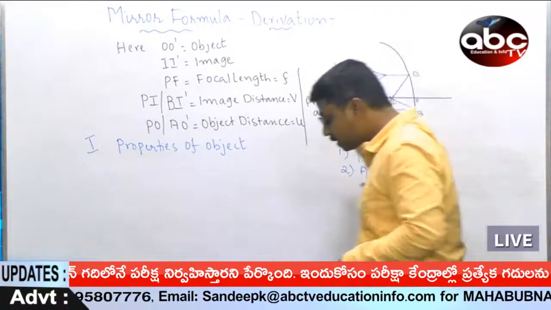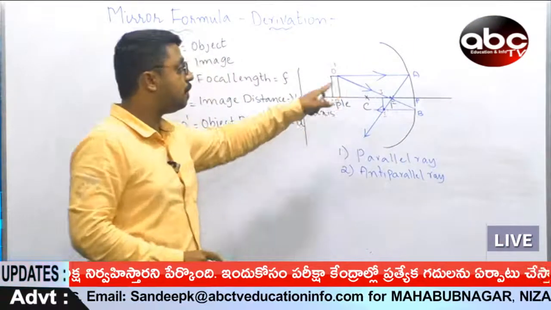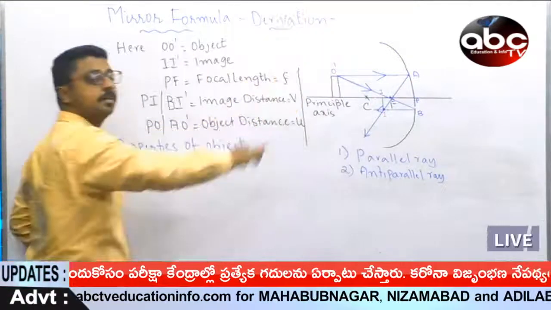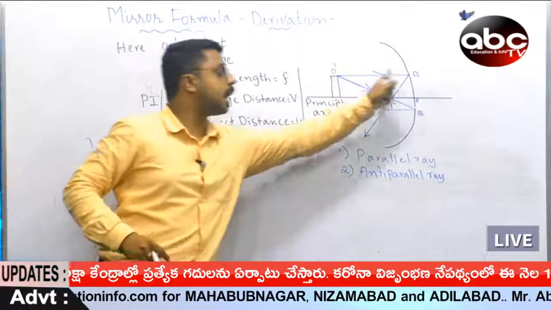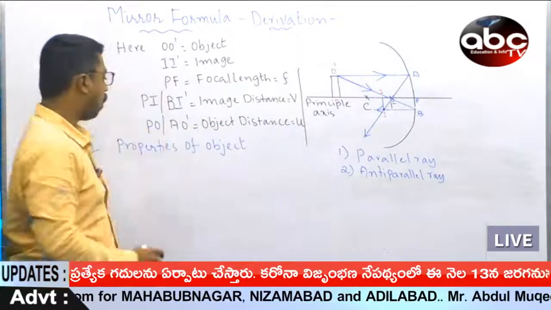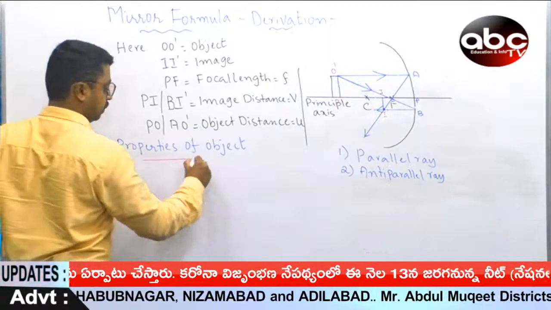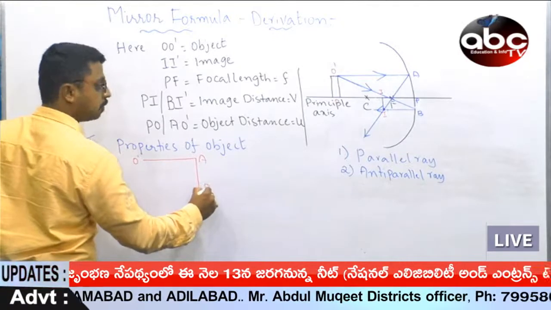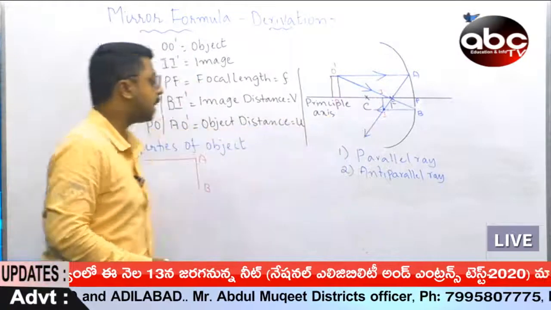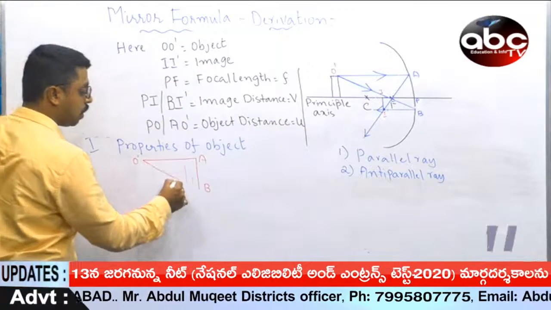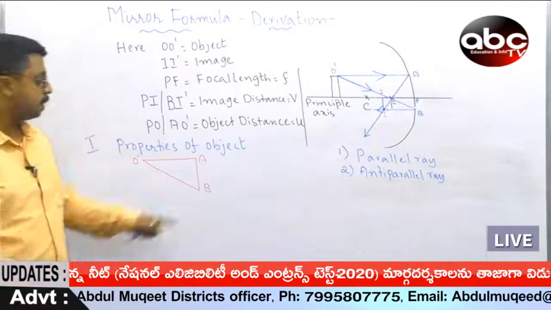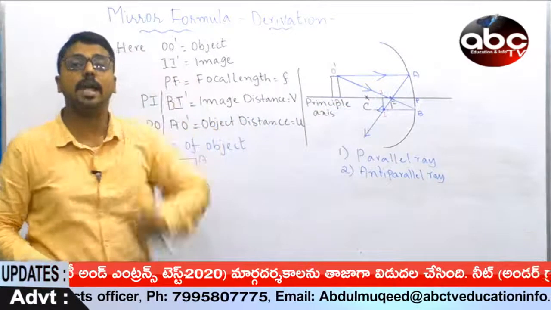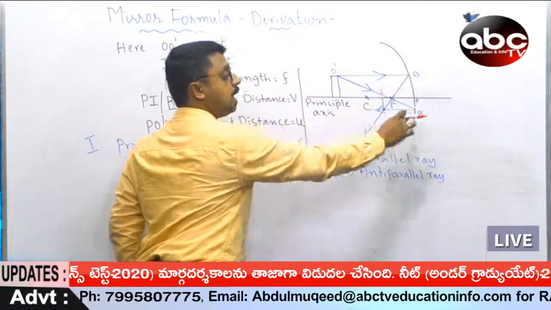Here a triangle section is formed. Let me give you an idea. O dash A B is forming what? A right angled triangle. O dash A B is forming a right angle triangle with a hypotenuse of O dash B. At the same time, you are also expecting one more right angle triangle, other than O dash AB.